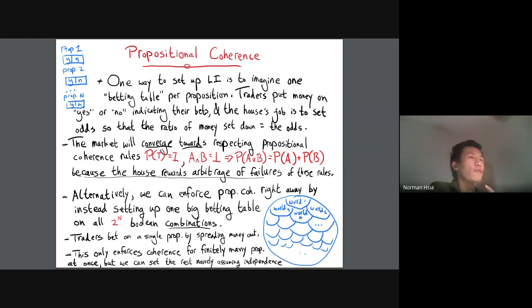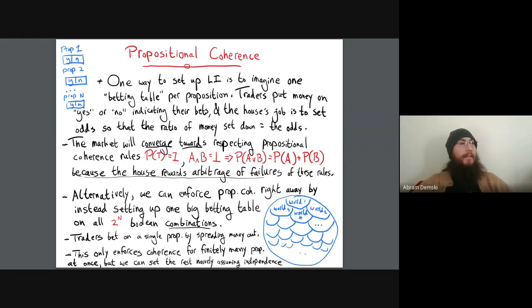How does this enforce propositional coherence? In the same way that for these individual tables, if I put $5 down on yes and you put $10 down on no, then we can think of this as probability mass. We can divide by 15 and say this is 1/3 on yes and 2/3 on no. We've normalized it.